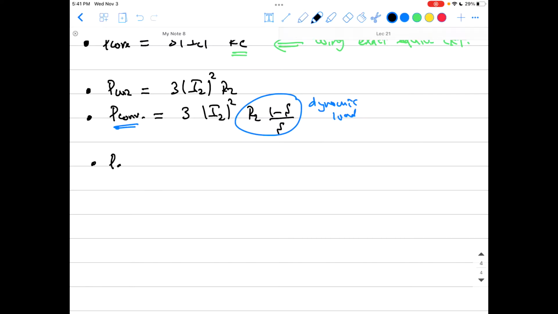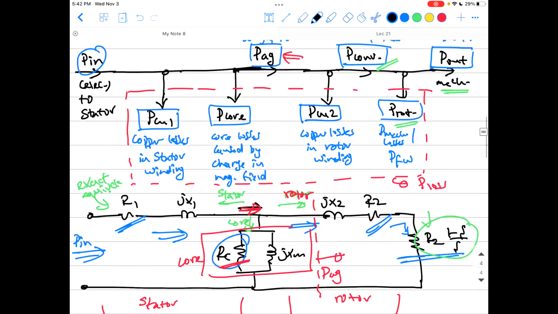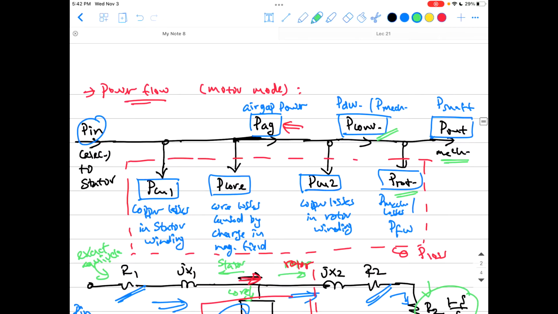And the air gap power, which is the total power going to the rotor, is 3 I2 as a magnitude squared R2 over S. Because like we just said, this equals the converted power plus P copper losses in the rotor. That is the total power going to the rotor, so that is P air gap, like we've seen.